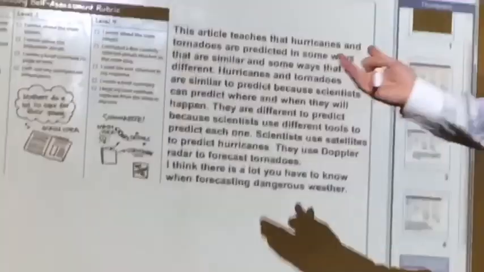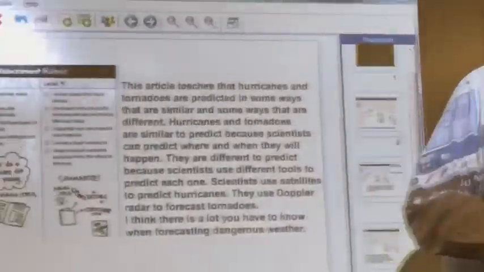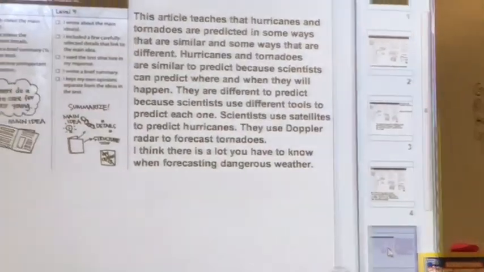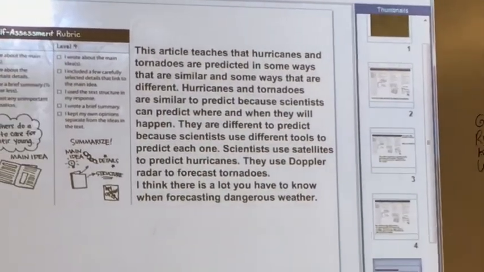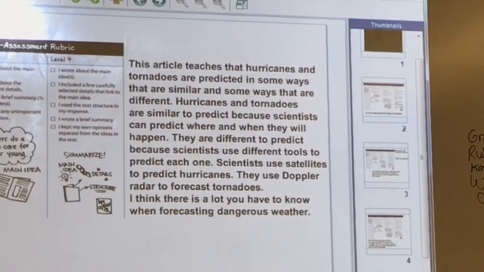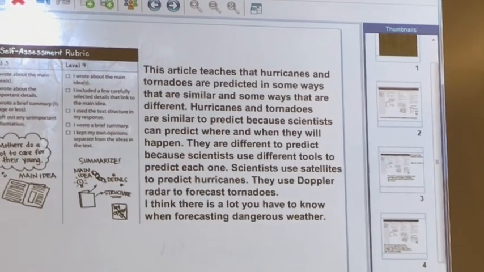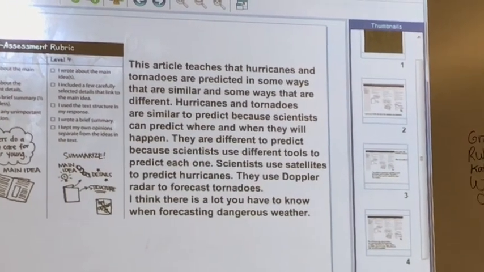Okay, here we go. Now, with your carpet buddy, I want you to assess this one. It says, this article teaches that hurricanes and tornadoes are predicted in some ways that are similar and some ways that are different. Hurricanes and tornadoes are similar to predict because scientists can predict when and where they will happen.